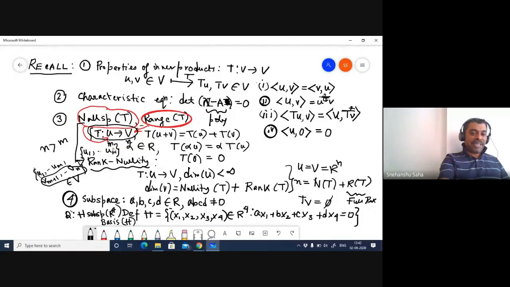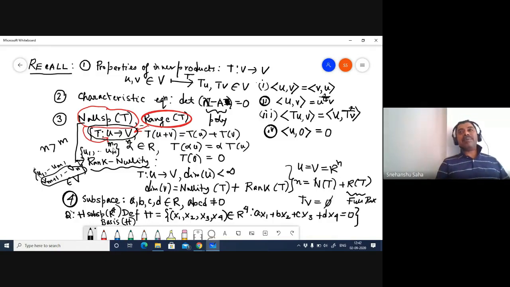The dimension of V is greater than the dimension of U, which means the length of the basis defined in V has to be greater than the length of the basis defined in U. That is the reason you need to extend your original basis U1 through UM to U1 through UM plus VM plus 1 all the way up to VN, because your total number of basis vectors in the vector space V has to equal N. That's how you compute the dimension, right?